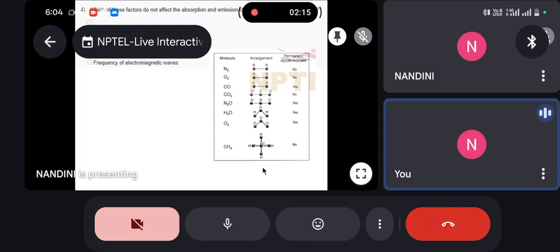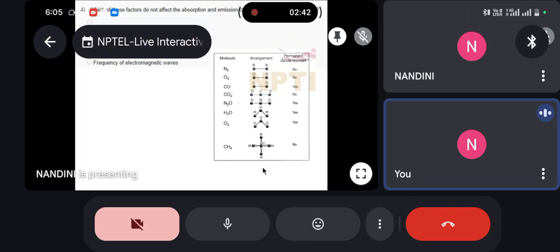So we know that the frequency of electromagnetic waves does affect the absorption and emission characteristics of the atmosphere. That is, there is a particular range of wavelength which is actually sensitive to the atmospheric gases.